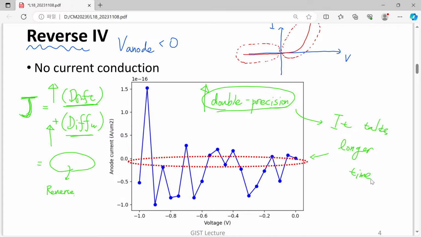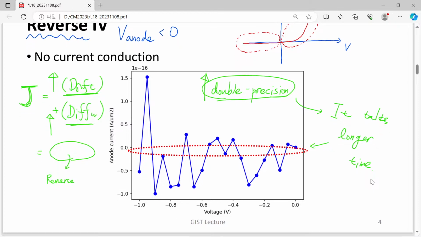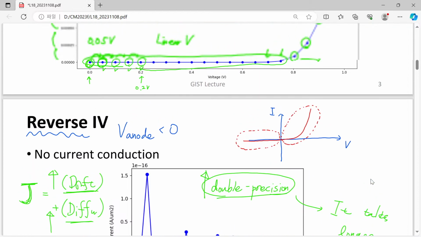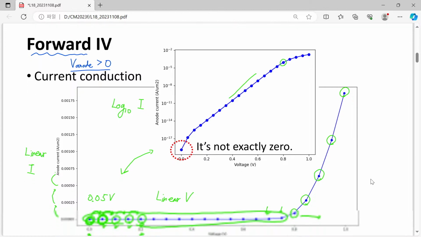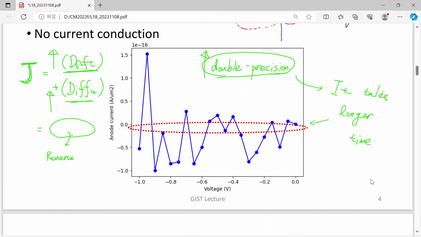That is the problem. Anyway, it means that now we can calculate reverse and forward IV characteristics.